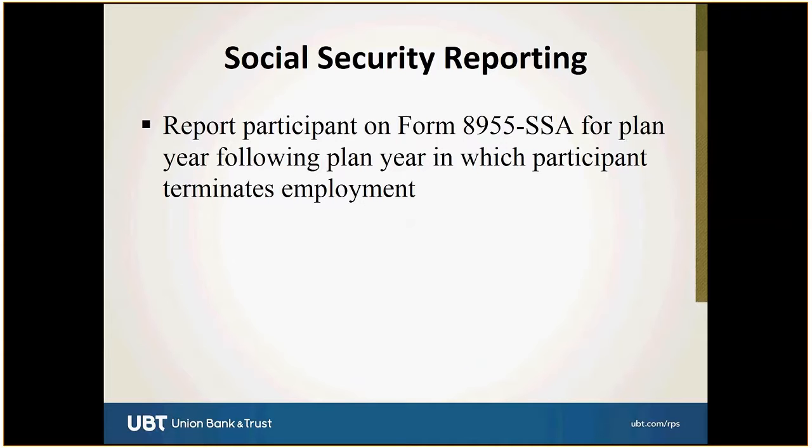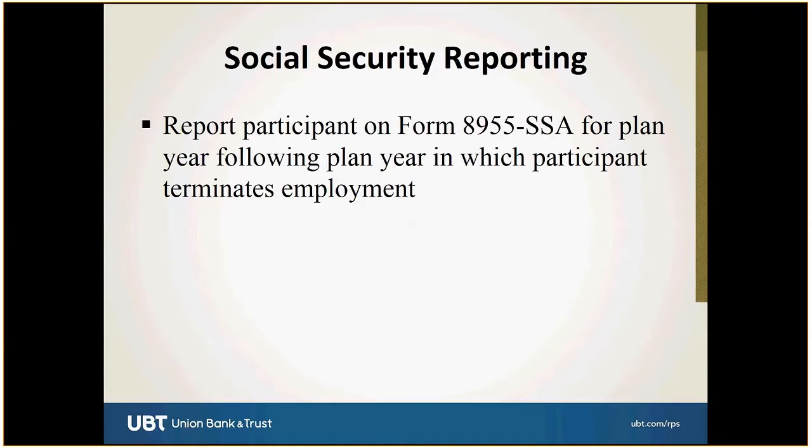Then Union Bank will file an updated 8955 SSA saying that I received a distribution of my entire benefits, and as long as everybody does their job along the line, when I get to Social Security age, I'm not going to receive a notice from the Social Security Administration. That said, though, it's not uncommon for somebody along the chain not to do their job correctly.